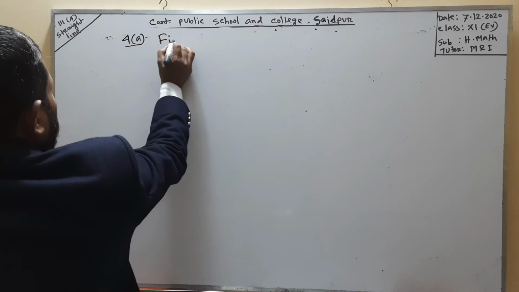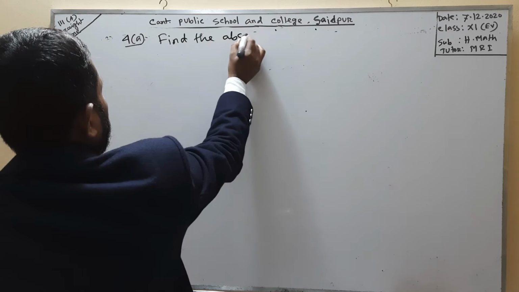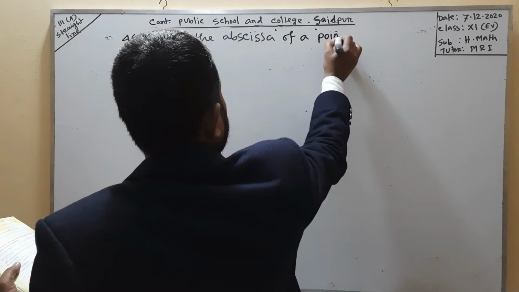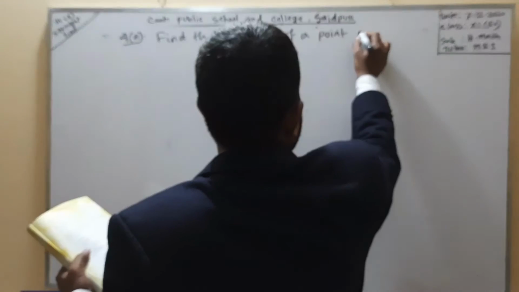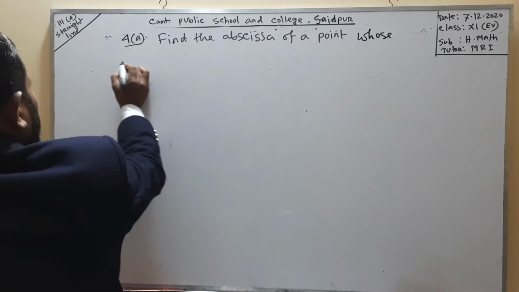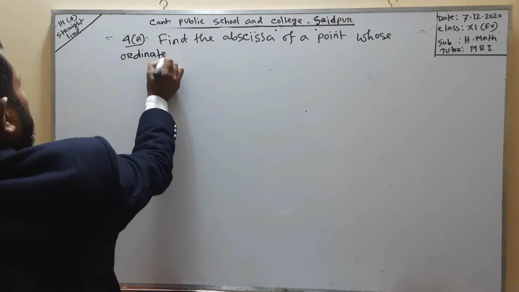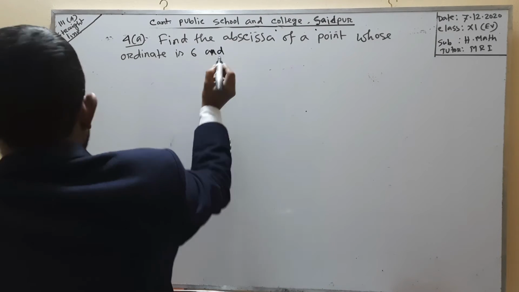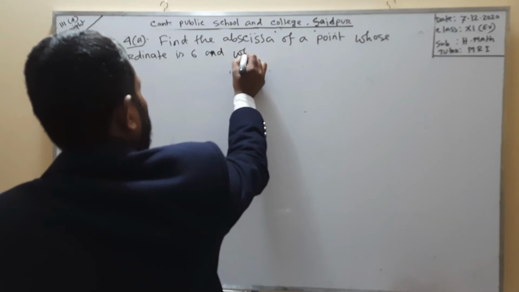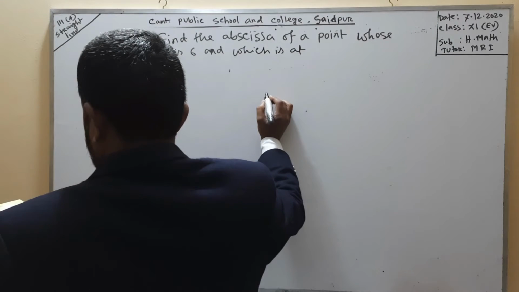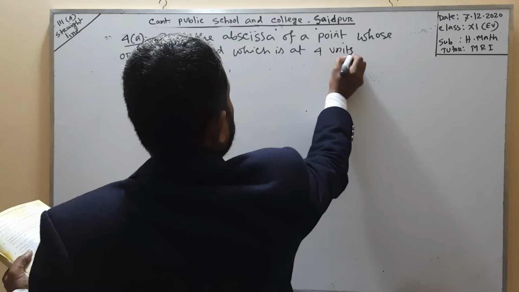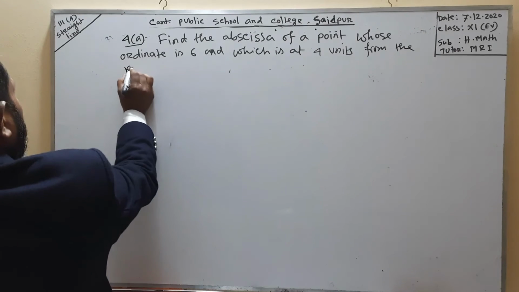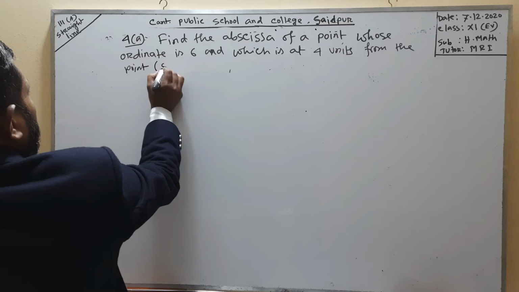Find the abscissa of a point whose ordinate is 6 and which is at 4 units from the point 5, 6.